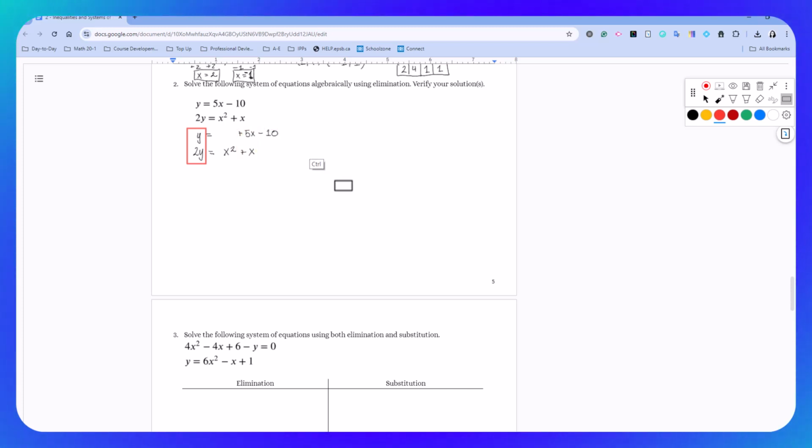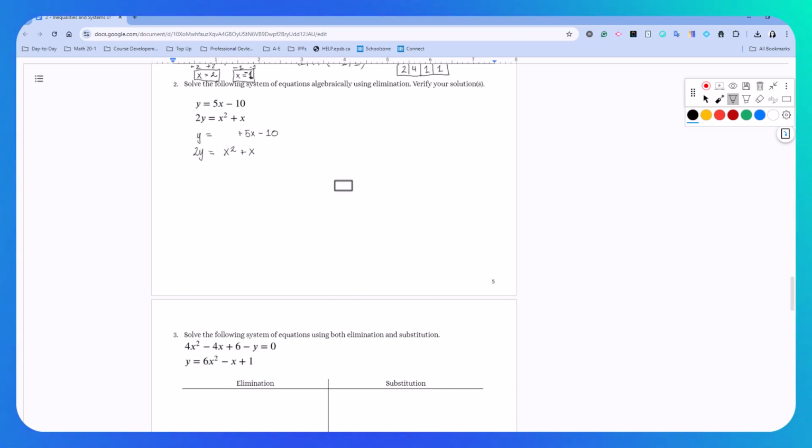So now let's analyze the coefficients of the x's or the y's. Well, in this particular example, we can't eliminate the x's because we have an x squared and an x. So the only option is to eliminate the y.